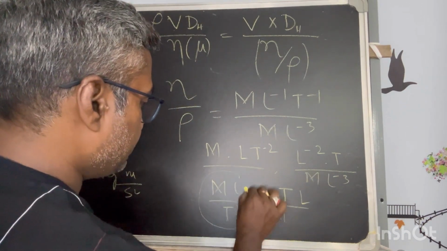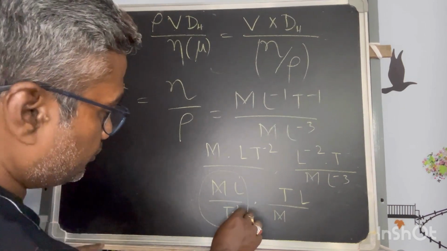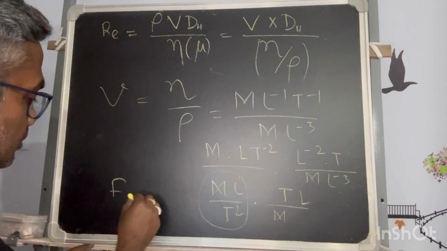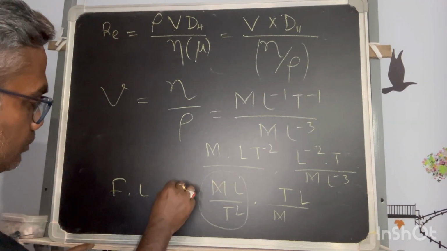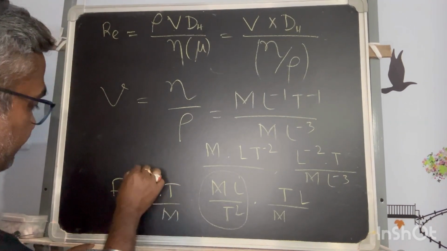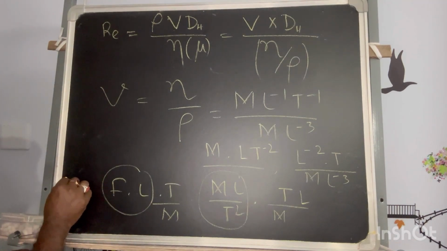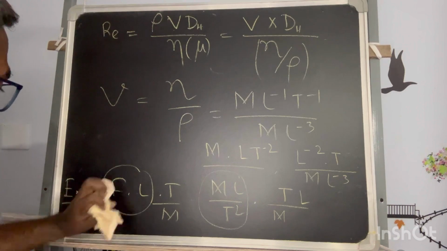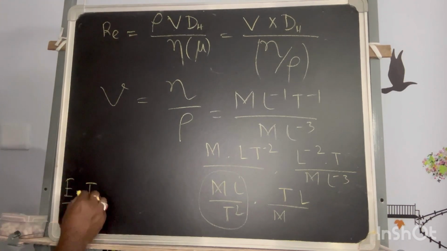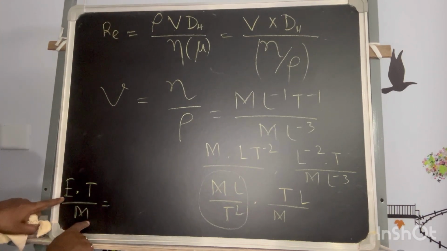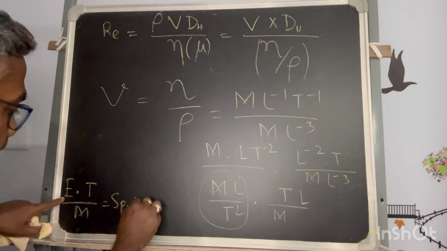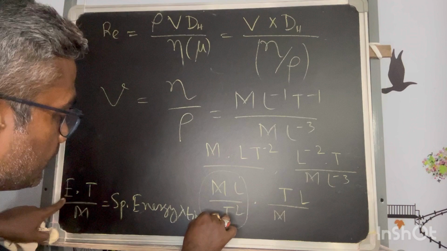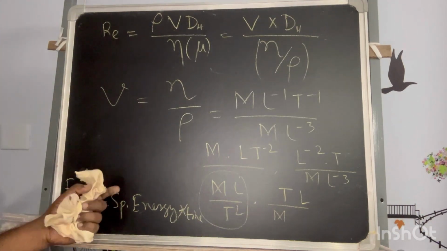So this part M L T to the power minus 2 is equal to the force unit, force, this is Newton, into L into T by M. So F into L, that is equal to energy unit, so the energy into T by M. So that means this becomes what? Energy per mass, that means specific energy into time span of the flow.